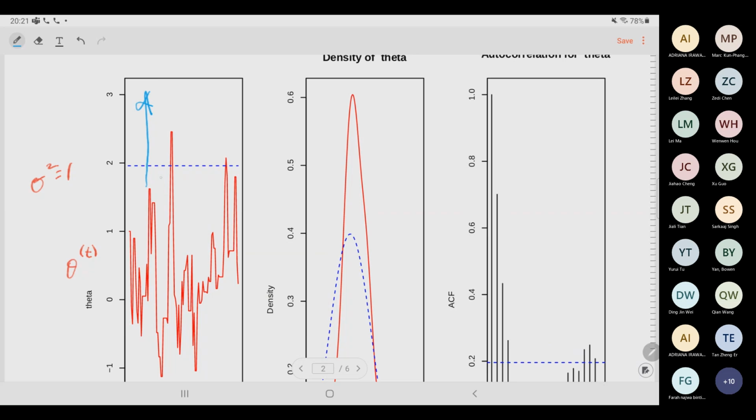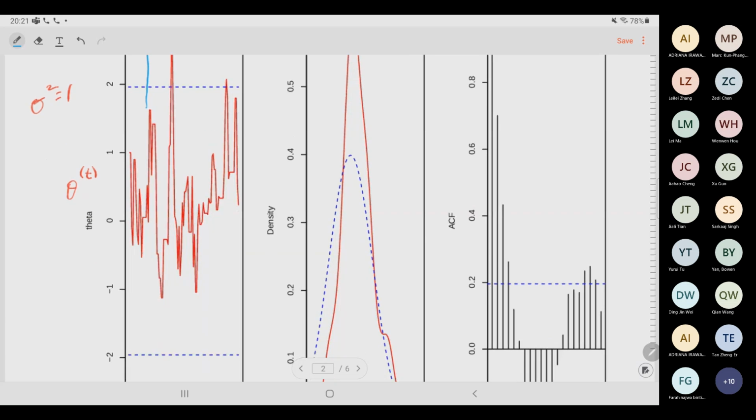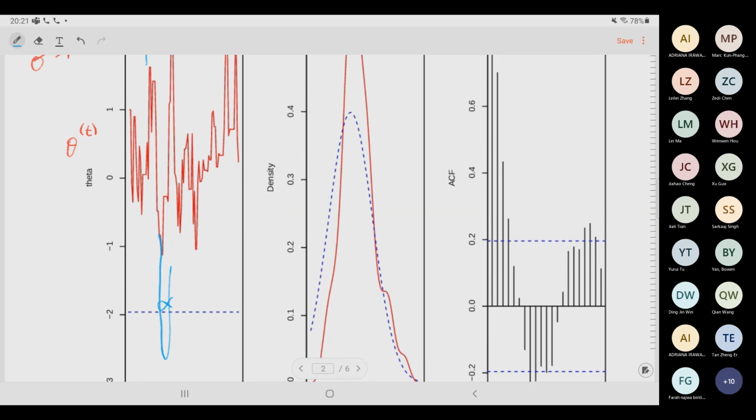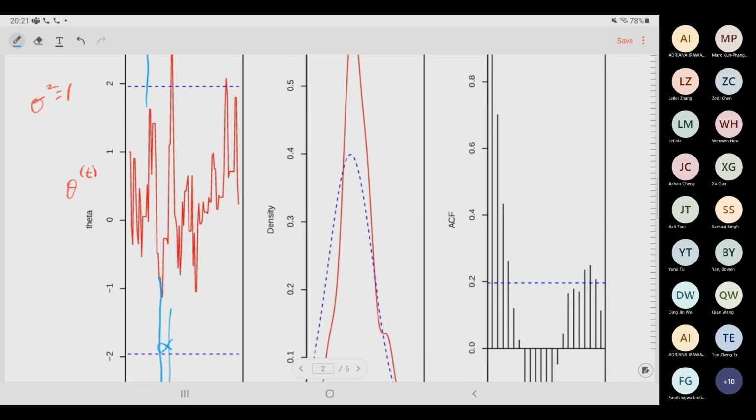Or if I'm down here and I propose to go further down, it gets rejected. So if you have a sigma square which is large, it can't be too large, because you might propose a value which is outside of the range. If you propose too many values outside the range, they will get rejected more. So then your acceptance probability alpha will be low.